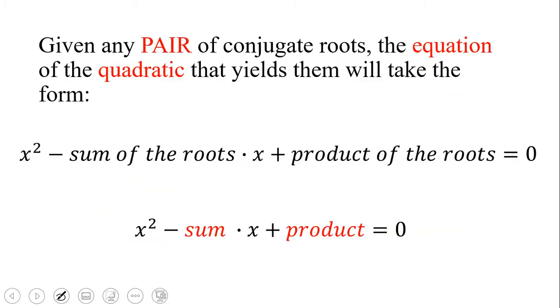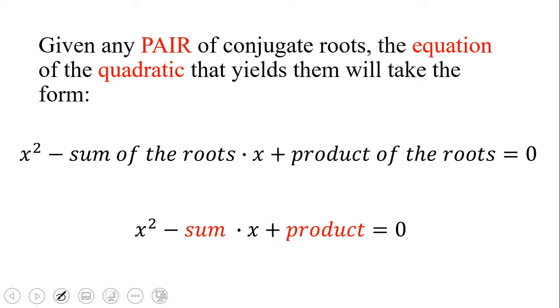So then there's kind of a special little rule here, a little bit of a shortcut. It's possible you've never seen this before. So if it's the first time, definitely make sure that you're writing it down. So given any pair of conjugate roots, again, the conjugates were all on the previous slide, the equation of the quadratic that yields them always takes the following form.